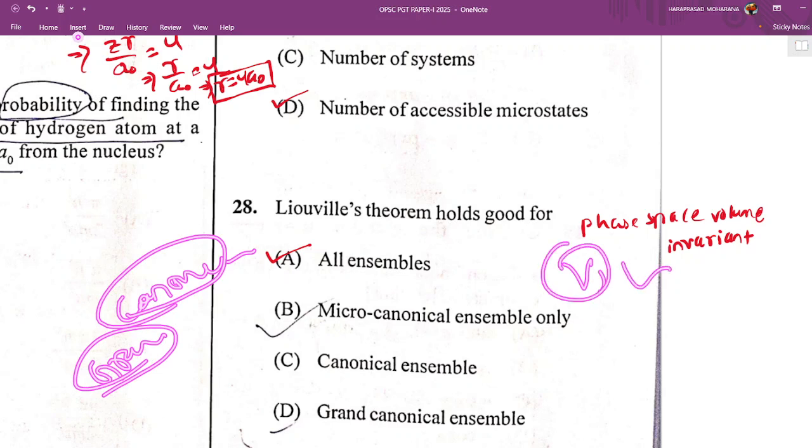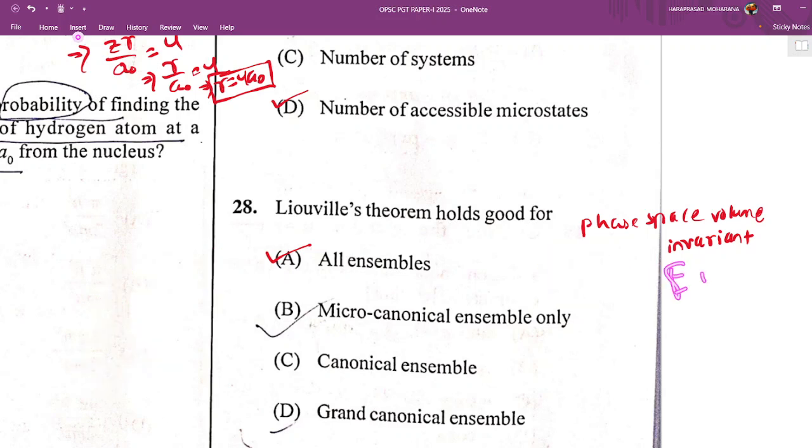For microcanonical we have E V N, for canonical we have T V N, for grand canonical we have mu V N. So you see V is in all the cases. Liouville's theorem states that the phase space volume remains invariant. So for all the cases, the volume is invariant. So all ensembles will be the answer.